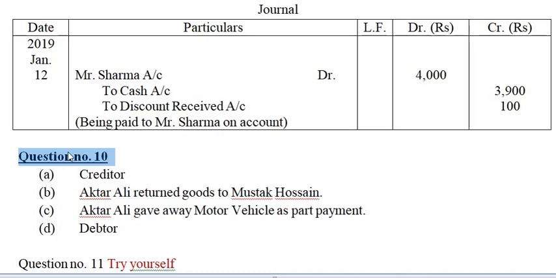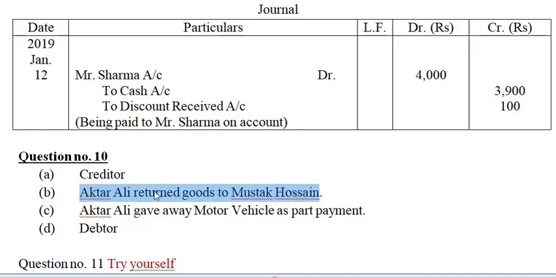Now B. What happened on February 15th according to this account? So let us see. February 15th. Goods were actually returned by Akhtar Ali to Mustaq Hossain.